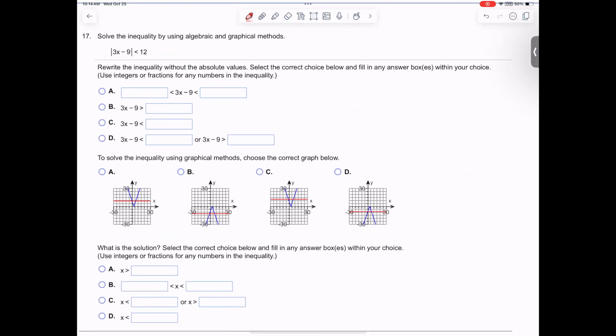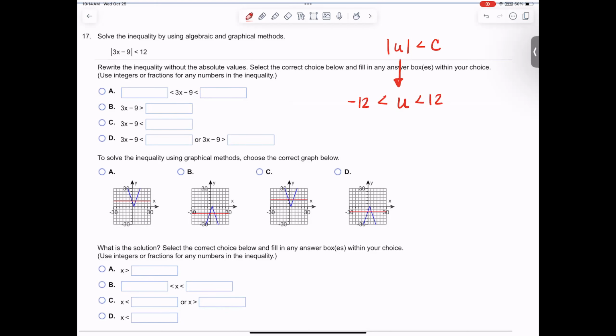There is a property of absolute value inequalities that says if I have the absolute value of an expression less than a constant, then the way I solve that is I put what's inside the absolute value between the positive and the negative.